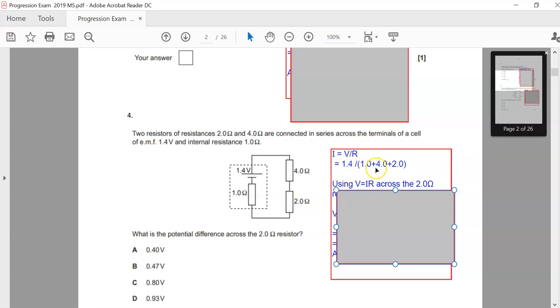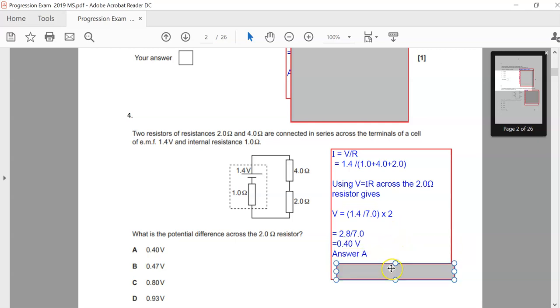We've got an expression for the current up here, so we can now get our voltage across the 2 ohm resistor as 1.4 over 7, which is what we had up here, multiplied by 2, that gives us 2.8 divided by 7, 0.4 volts, and there the answer is A.